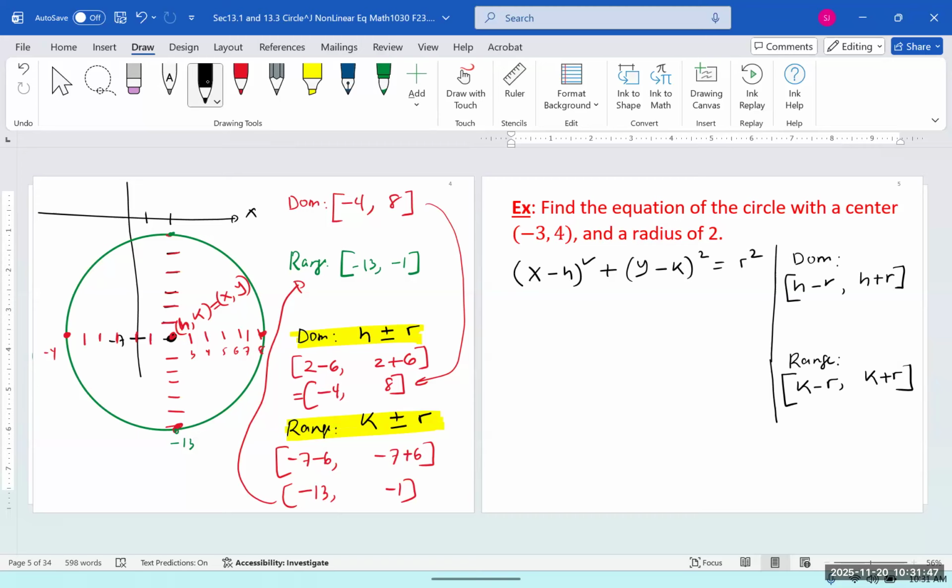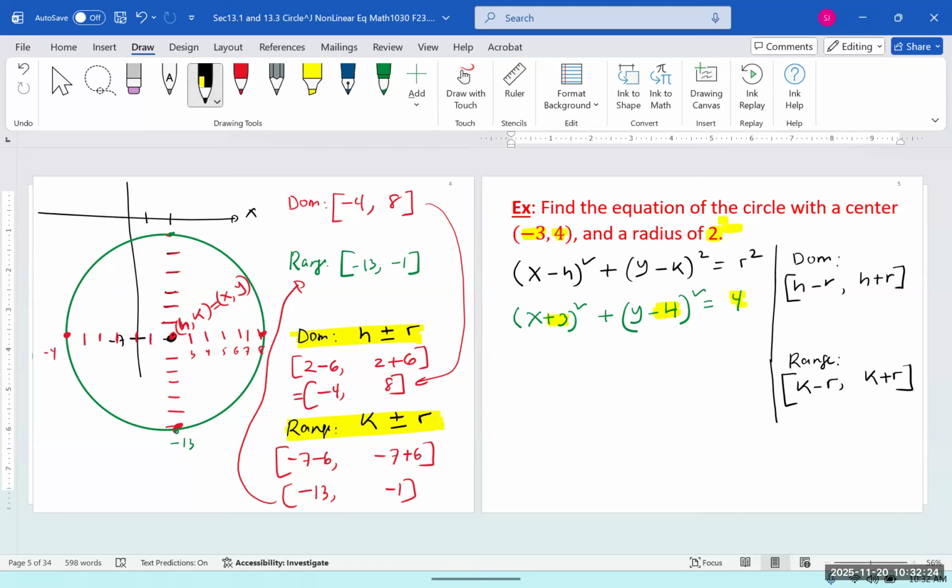So what's the equation? Plus b squared plus y equals 4 squared. Y minus 4 squared equals 4. So you take the negative, turn it into positive, because it's the opposite. The positive 4 turns into negative 4. And this 4 is 2 squared.